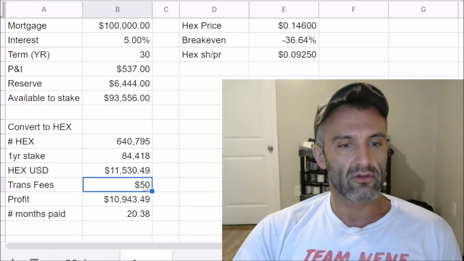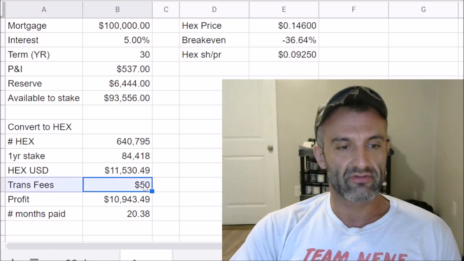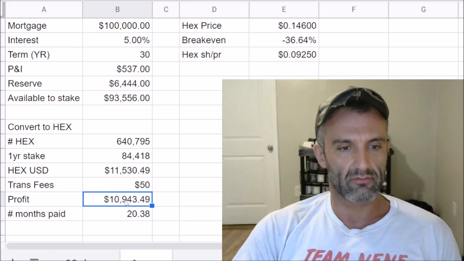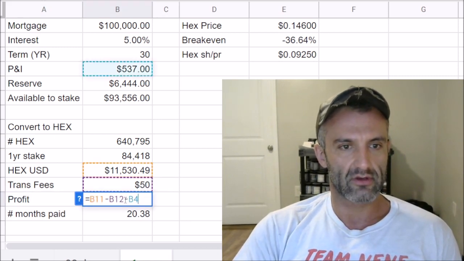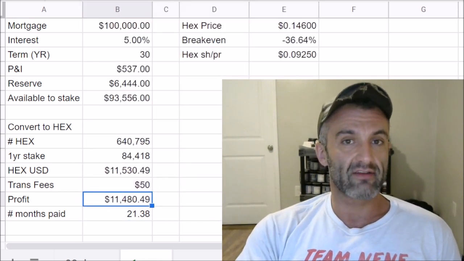Now, when we take a look at the same thing, we're going to add a transaction fee of $50. So now the actual profit, and I think I actually took out 500 already in this one. Yes, I did. So the profit on here is actually $11,500.